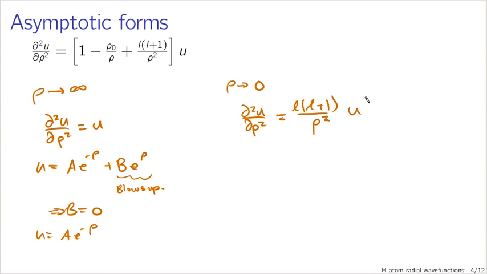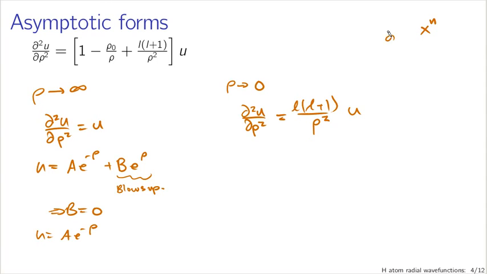This should also look familiar to you. I take the second derivative of a function of rho, and I get the function back divided by rho squared. Now, if I told you the first derivative was the function divided by rho, and the second derivative was the function divided by rho squared, you should think along the lines of polynomials. For instance, suppose I took x to the n, just as a function of x.